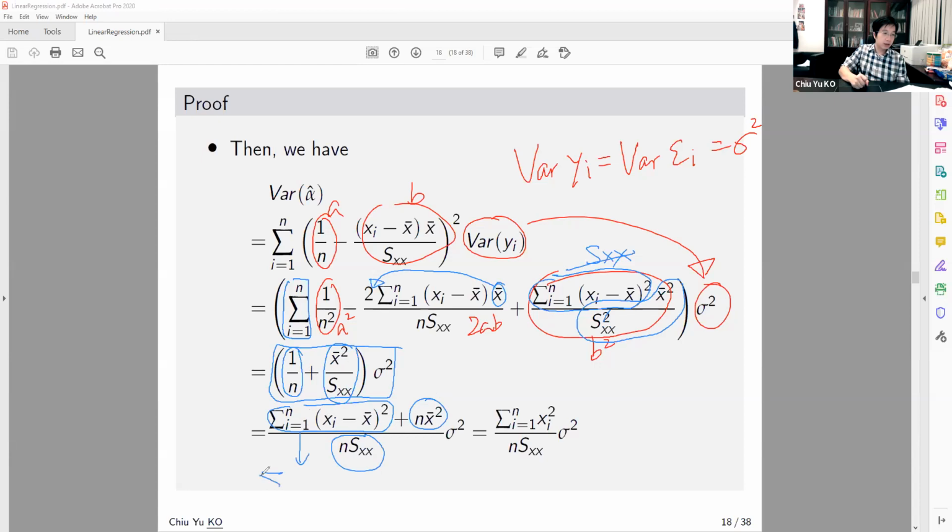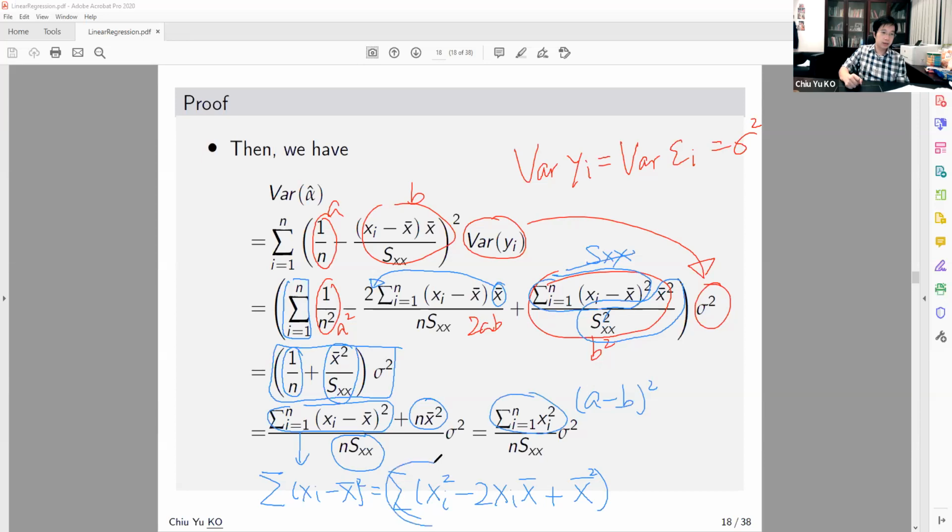Summing xi minus x bar square is just the same as a minus b square. It will be xi square minus 2xi x bar, plus x bar square. And then the summation of this guy is here.